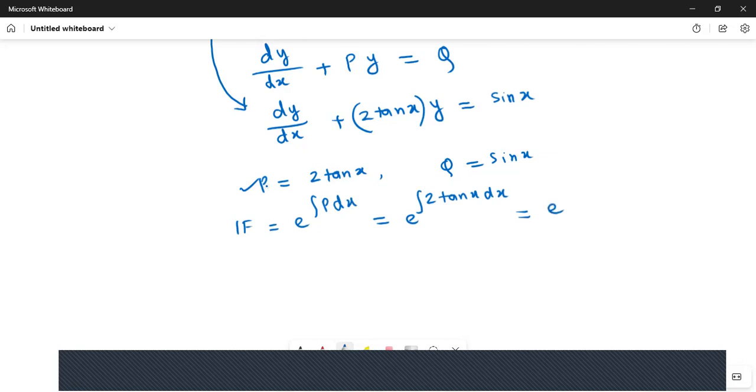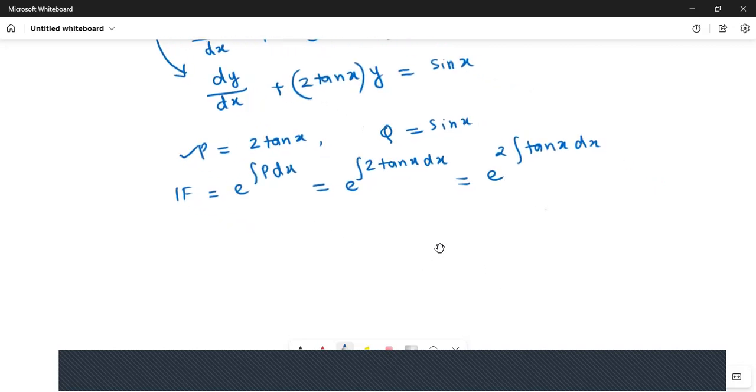Now you have to tell me the integration of tan x dx. Prisma, do you remember? Log of sec x. Exactly. So I'll just replace it with log sec x.